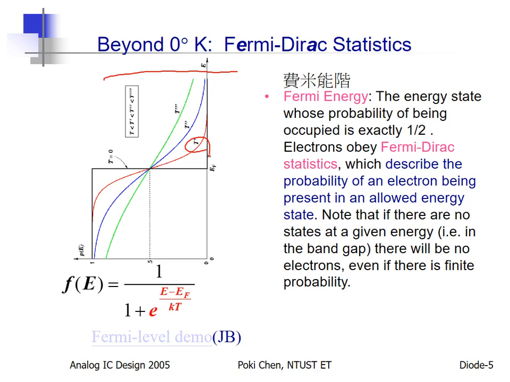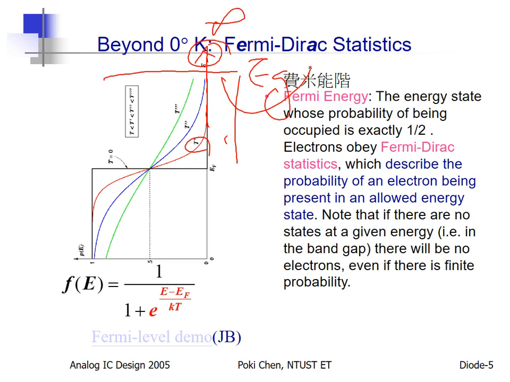It will extend all the way to infinity, even though the probability above the energy gap is really, really small. But at least there will be some electrons to be free. But very few means what? Very little current. So we call it insulator.